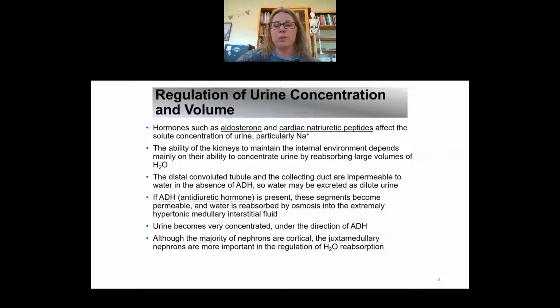There are three of them we're going to talk about. The first one is aldosterone. The second one is CNP, cardiac natriuretic peptides. And the third one is ADH, or antidiuretic hormone.